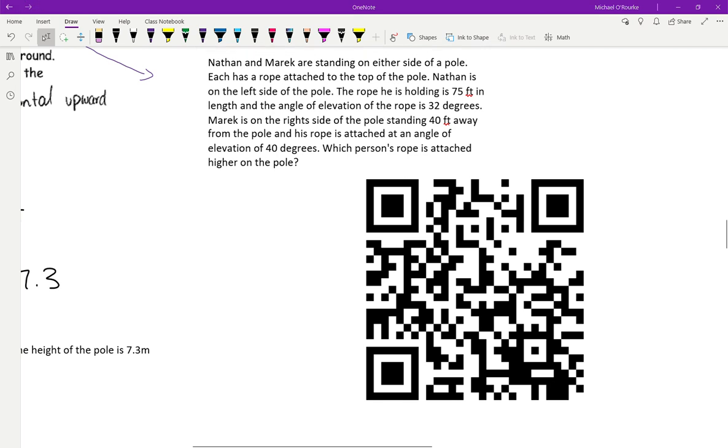Let's see, I can erase these old ones. Because really the hardest part of these word problems is getting the drawing down. Once you have the drawing down, it's easy.